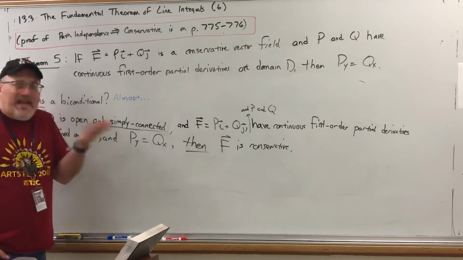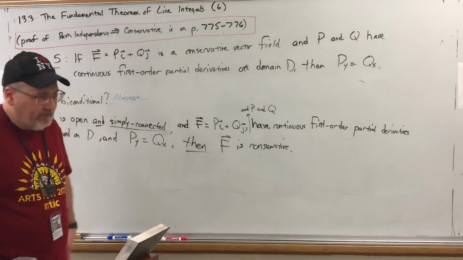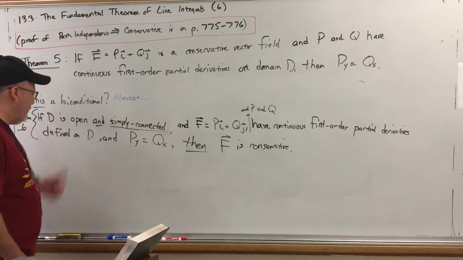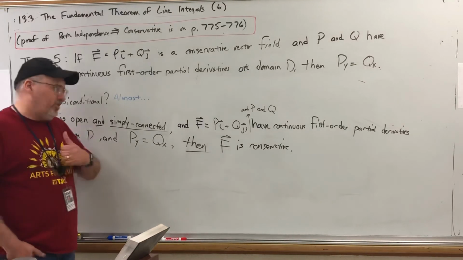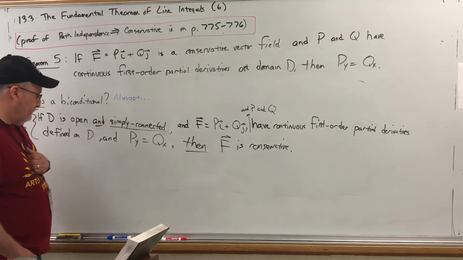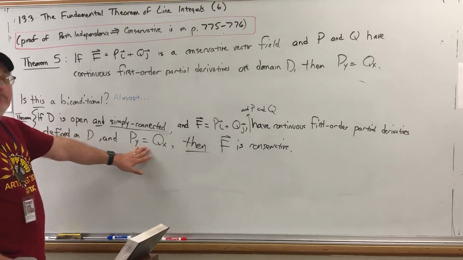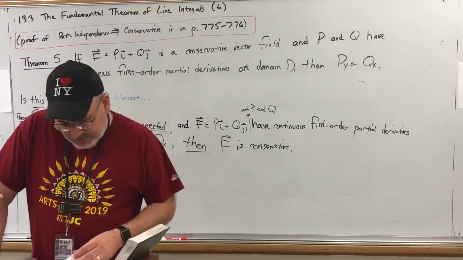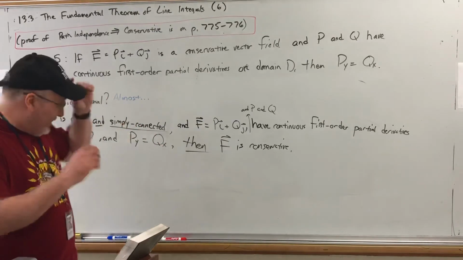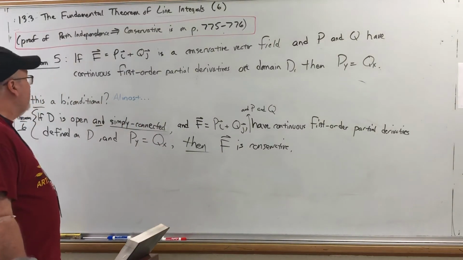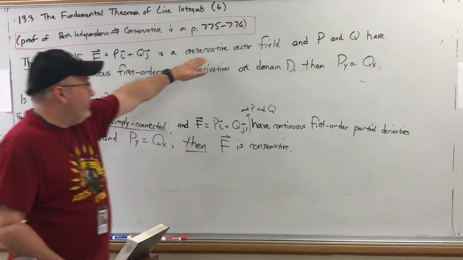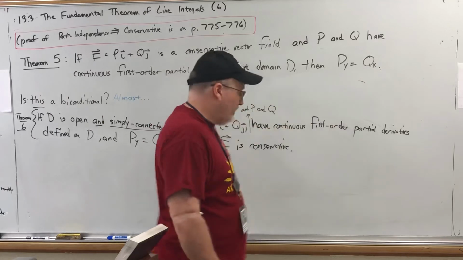If your domain doesn't contain its boundary and doesn't contain any holes, and this is true, then your function is conservative. So, and we kind of actually did that once upon a time, but assuming that your domain doesn't have any problems, then being conservative is equivalent to saying this.